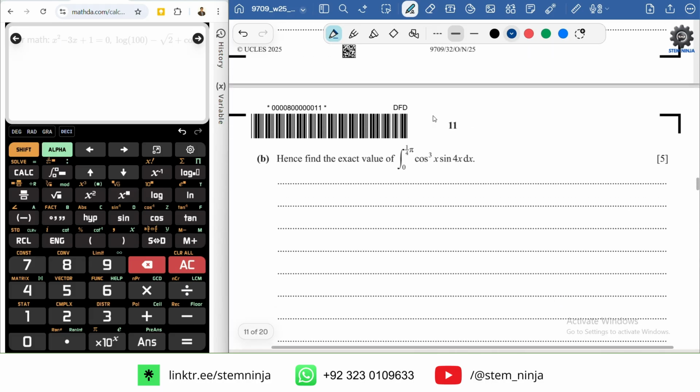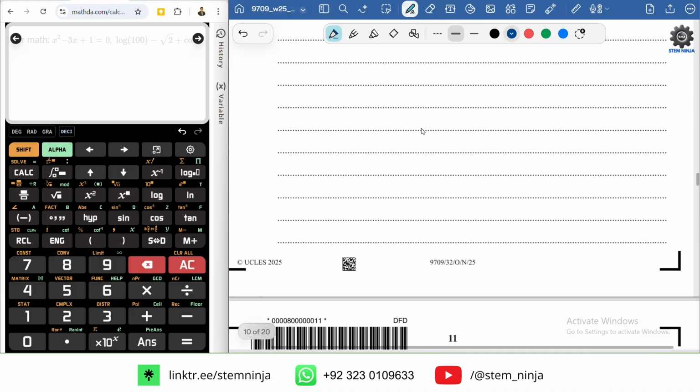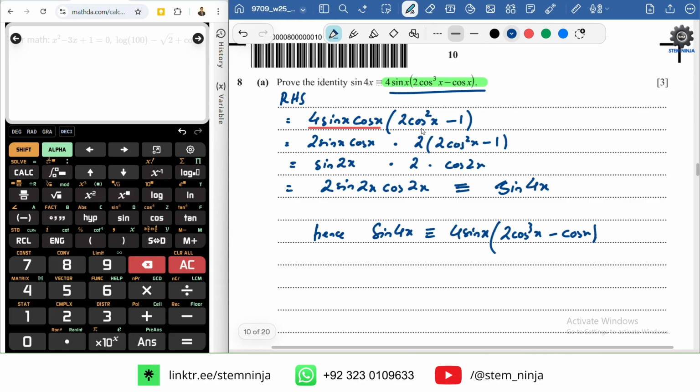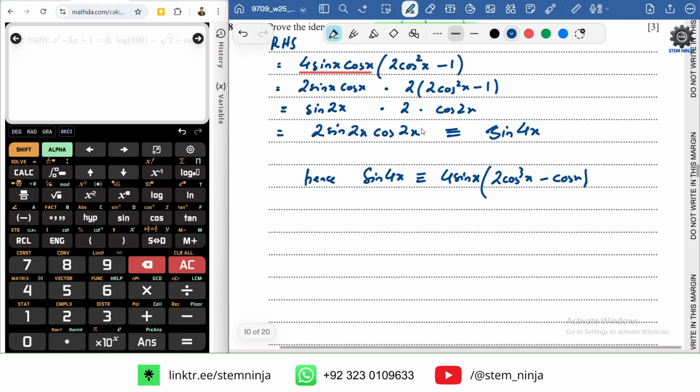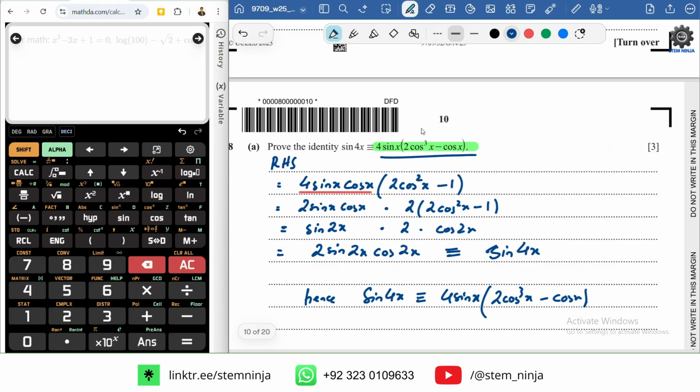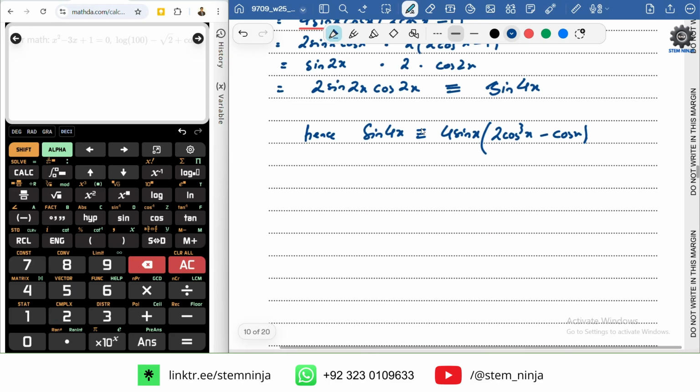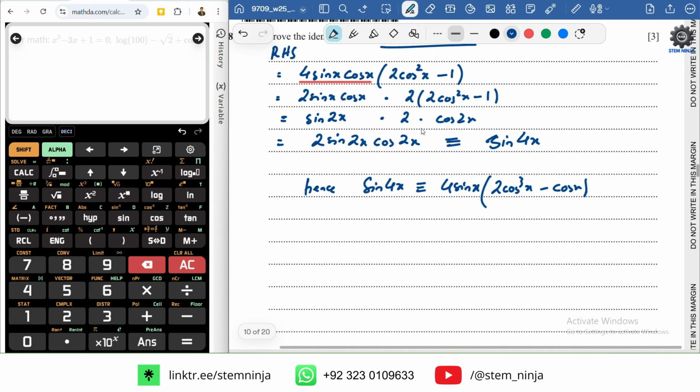Now hence find the exact value of the integral of cos cubed x times sine 4x. Basically we have to use this expression for sine 4x.